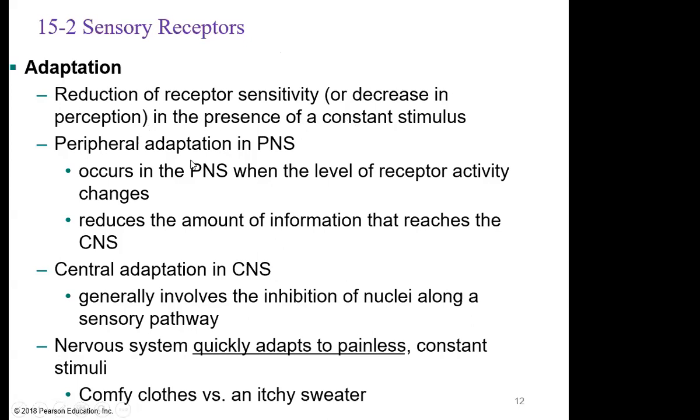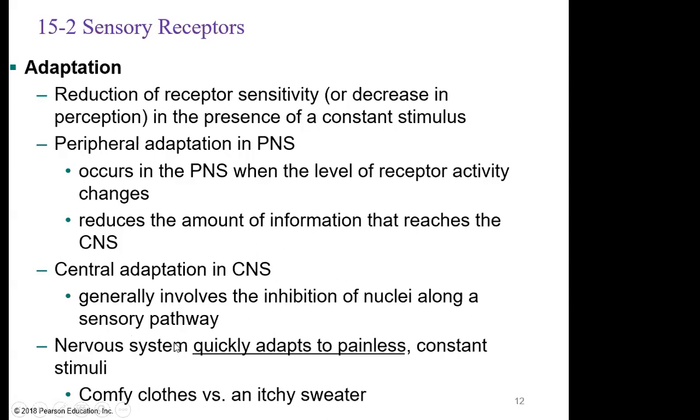If we say peripheral adaptation, then of course this means it's in the peripheral nervous system when the level of the receptor activity actually changes. And this will reduce how much information actually goes into the central nervous system. Versus central adaptation, it will involve inhibition of the nuclei along that sensory pathway.